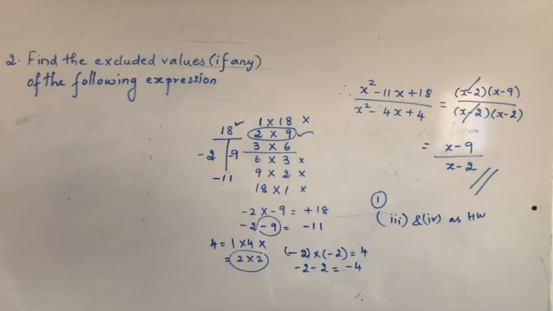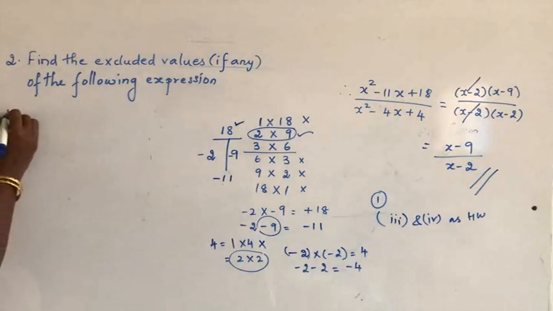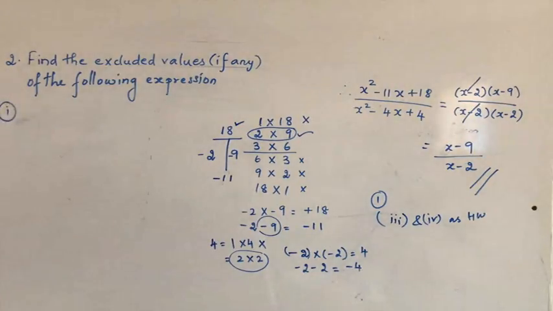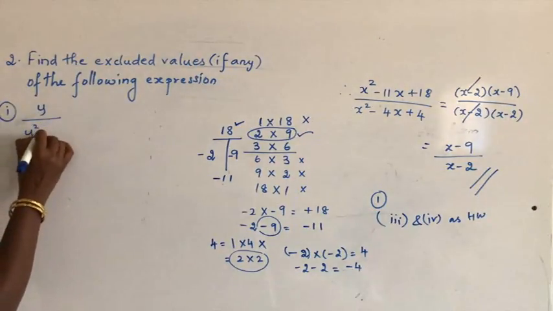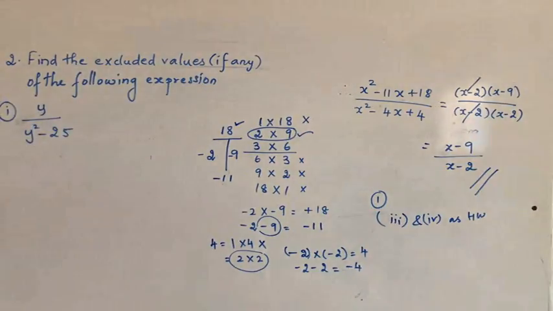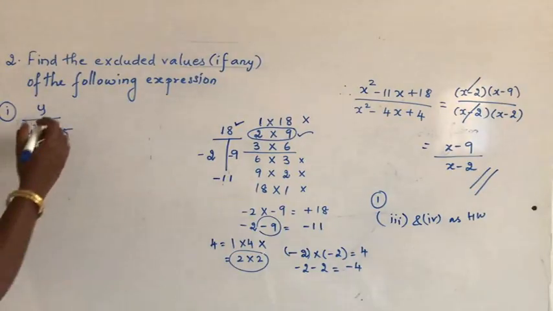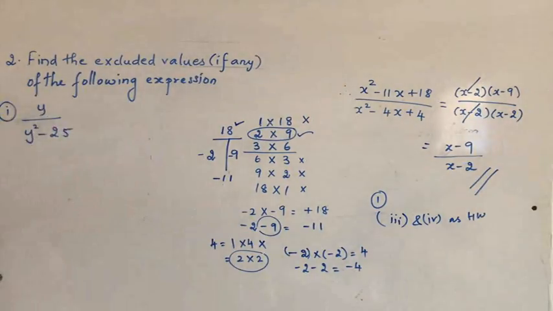Now let's go for the first subpart under question number 2. The first subpart is y upon y square minus 25. Here in the numerator there is no need to make any changes, so let's keep the numerator as it is.